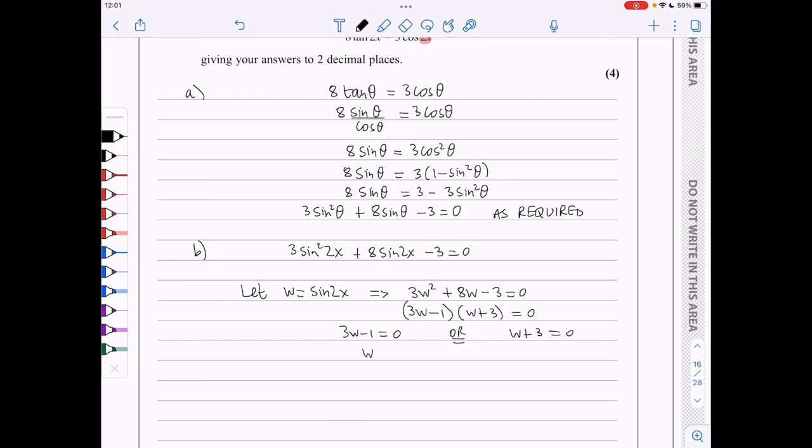So we get w to be a third, which means that sine 2x is a third, or w is negative 3, which means sine 2x is negative 3.